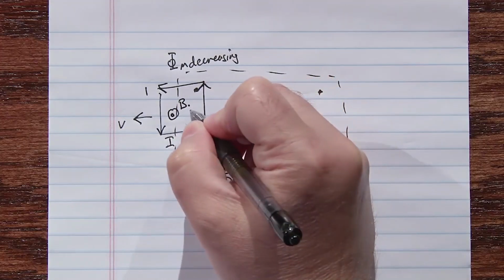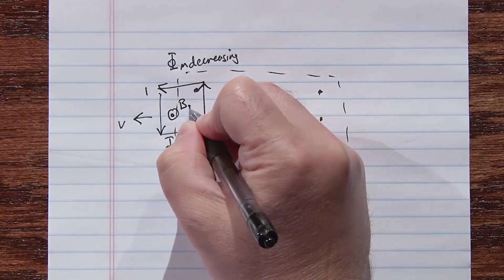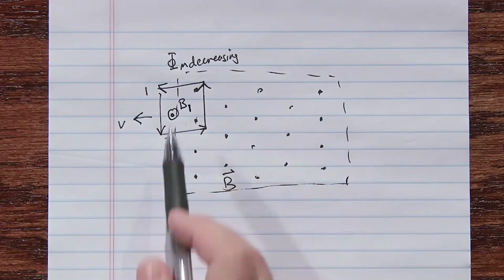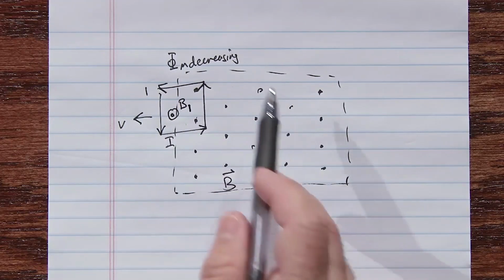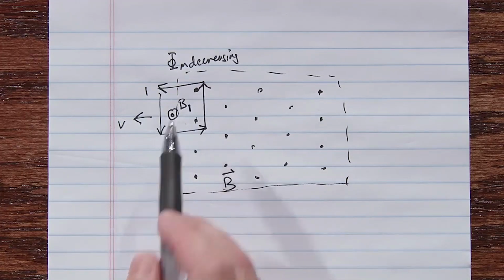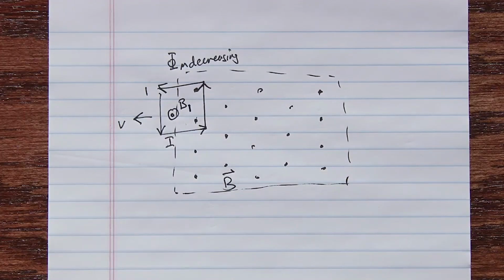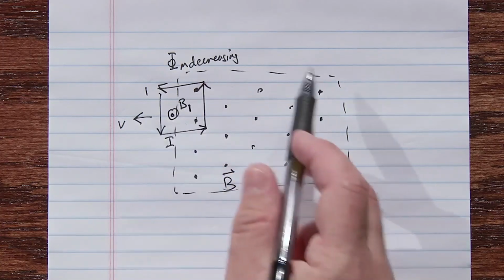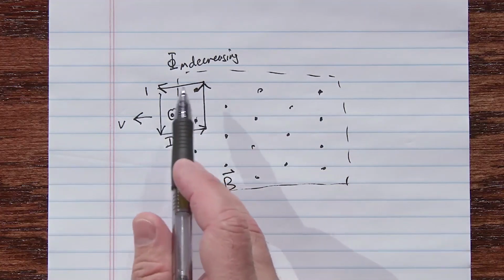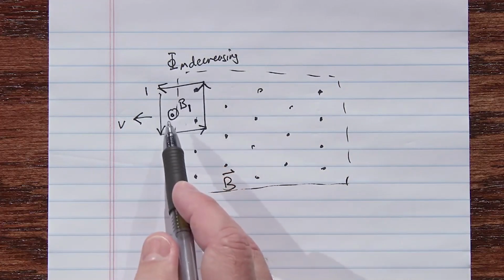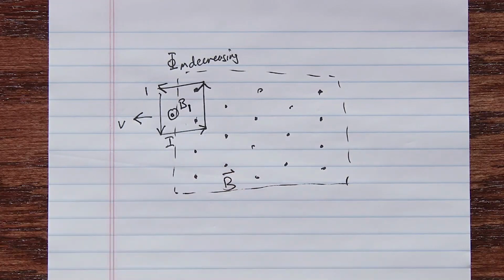This is the magnetic field from the current in the loop itself. So as the magnetic flux from this area through the loop decreases, the loop creates a current that adds some more magnetic field in that direction.